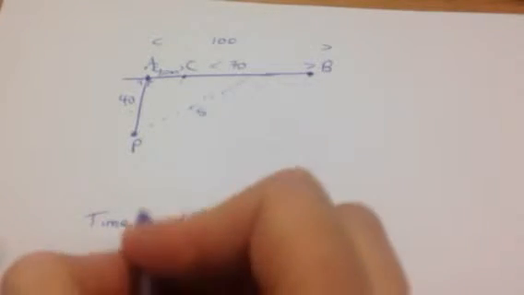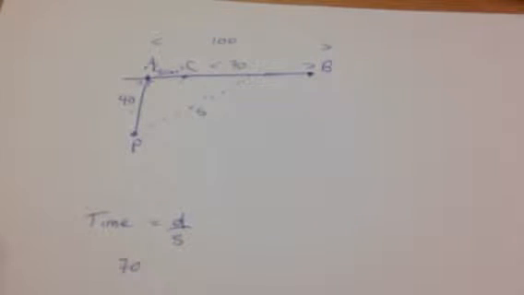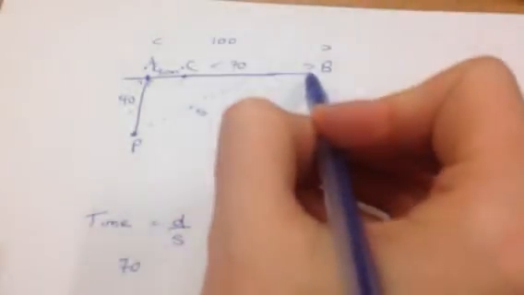So time is distance, which here is 70, because they want to find the time it takes the car to reach C. So that's 70 divided by the speed.